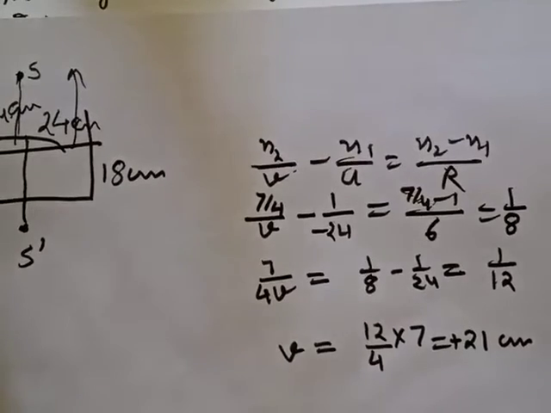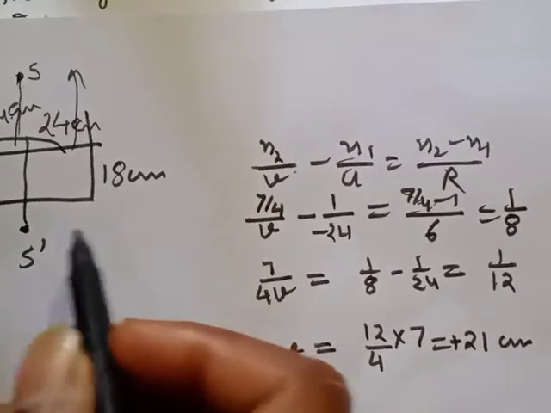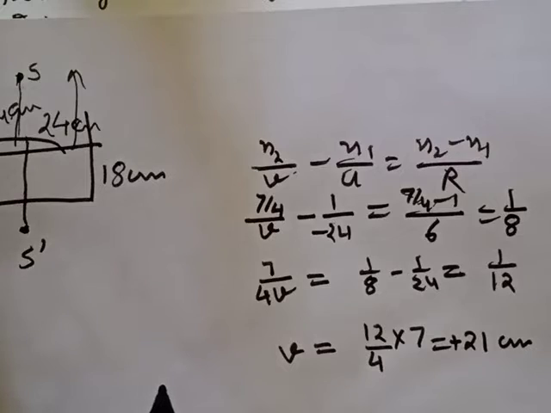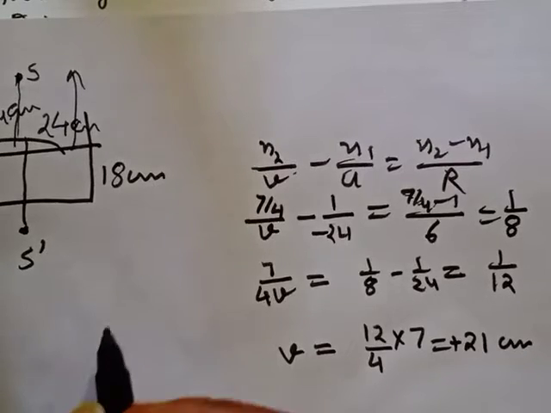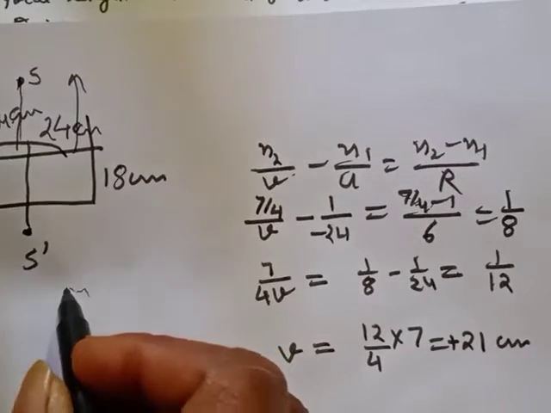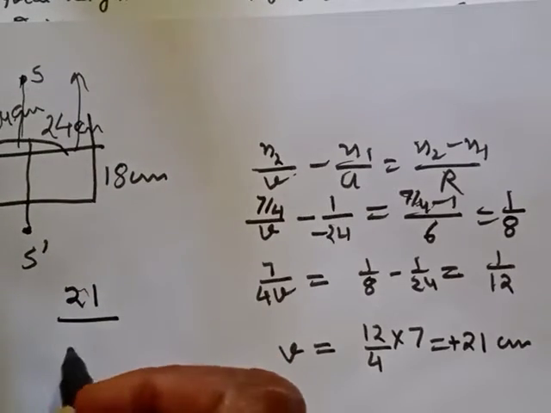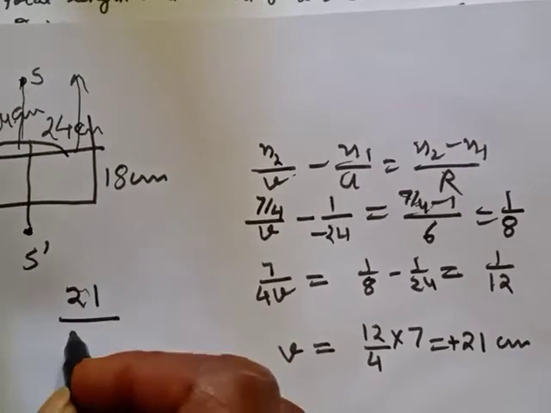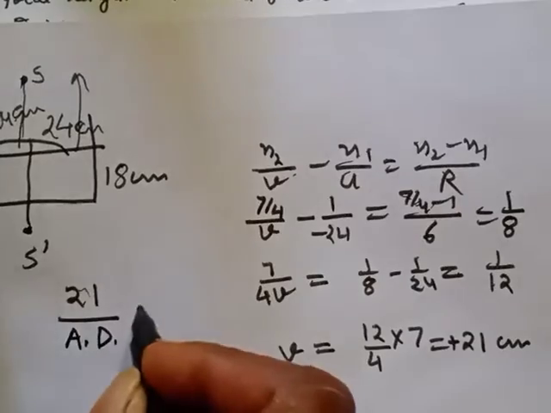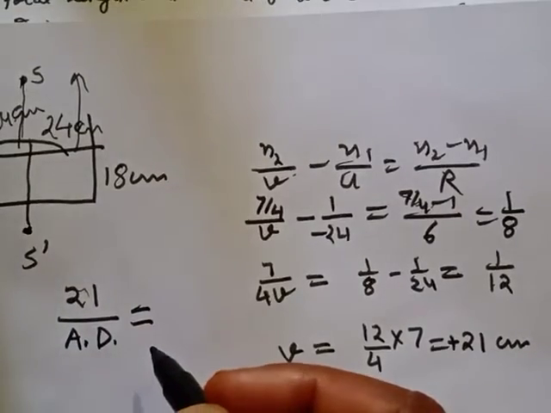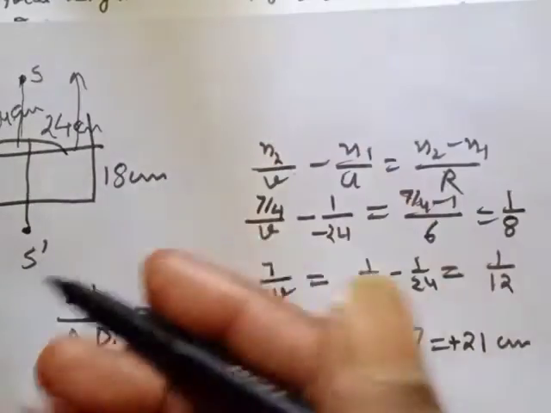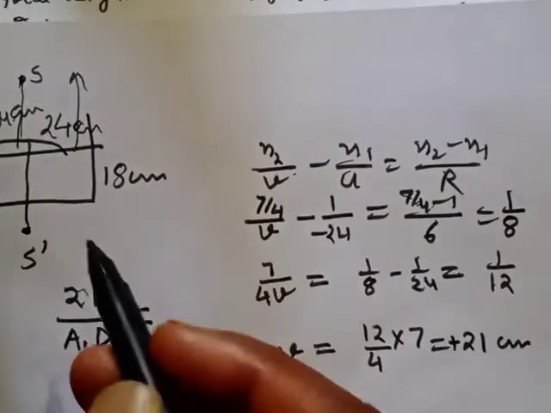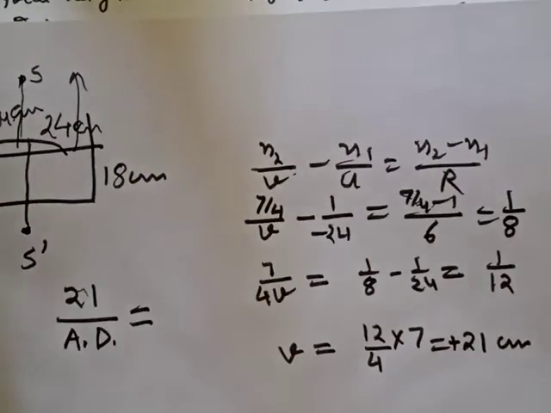Now it is acting as an object, or we can say it is real depth, and we have to find apparent depth. So real depth upon apparent depth, that we require to find, is equal to refractive index for this refraction, denser to rarer refraction. So this medium with respect to this medium.